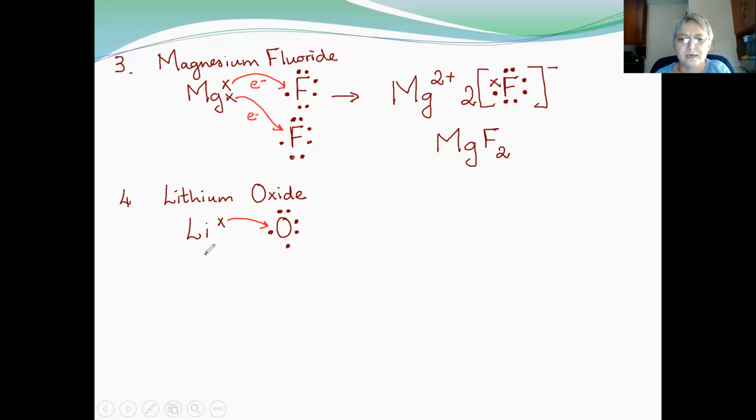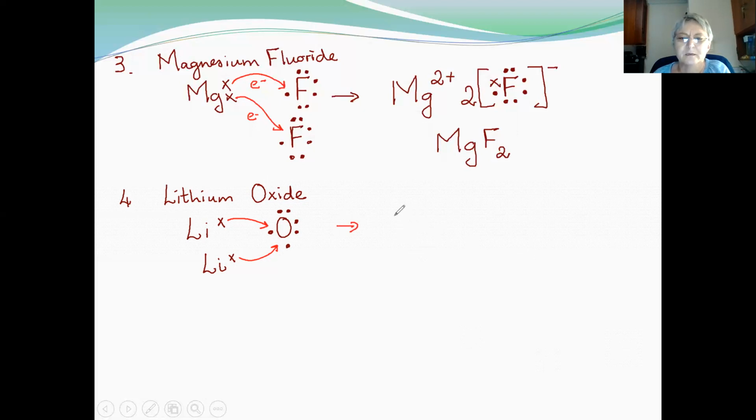Oxygen needs another lithium so that it will form a stable ion. So another lithium comes and it gives its electron to the oxygen. This is very similar to the second example we did, if it wasn't the same.